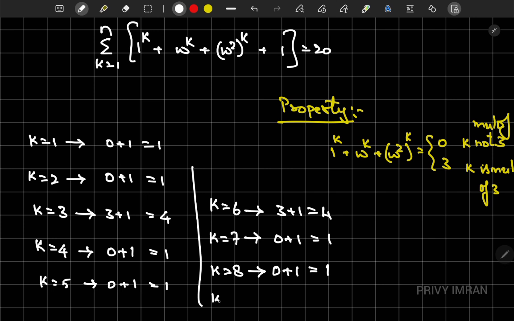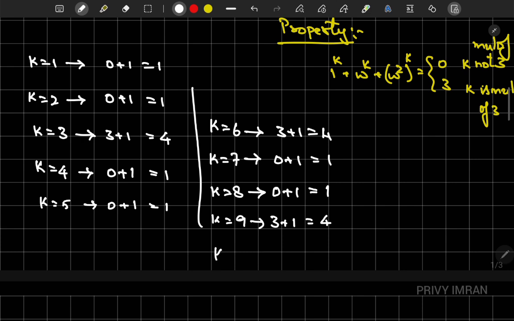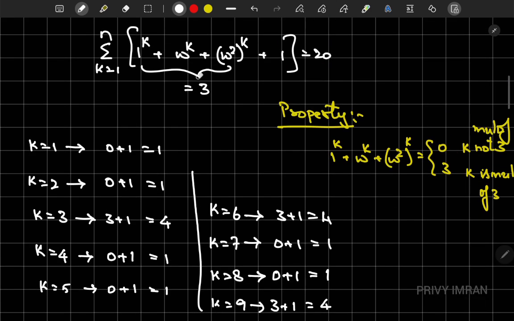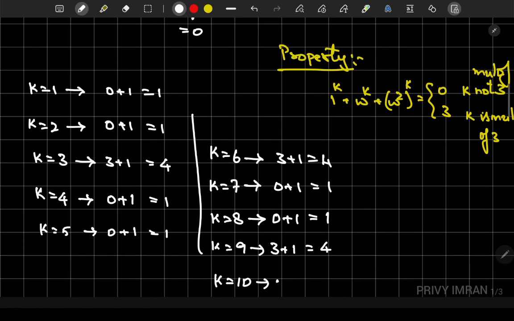Again k value 9. If k value is 9, it is a multiple of 3, hence this value will be equal to 3. Hence 3 plus 1 value will be equal to 4. Next, k value 10. If k value is 10, 10 is not a multiple of 3, hence this value will become 0. Now 0 plus 1 value will be equal to 1.